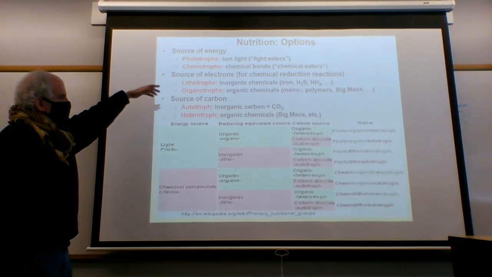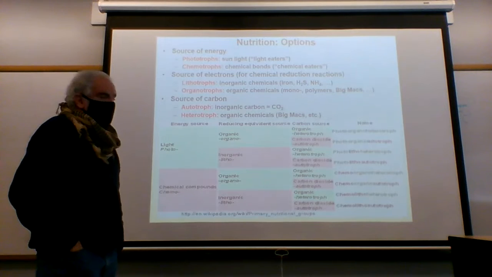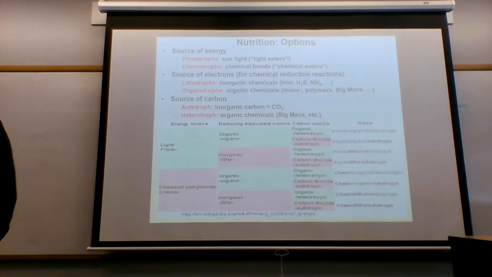Lastly, the source of carbon. And again, for us, you eat carbon. So we were one-stop shoppers. But there are organisms that are able to bring carbon into their body by taking in inorganic carbon, in the form primarily of carbon dioxide. So plants do this. You don't see plants eating much.